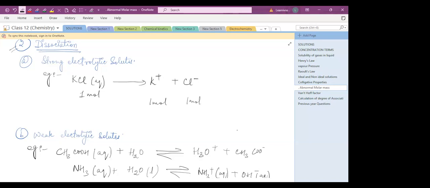In the case of dissociation, solute particles break down into smaller ions or molecules, which increase the number of particles. When the number of particles is increasing, there will be a decrease in the apparent molar mass. So in the case of dissociation, the apparent molar mass will decrease, but in the case of association, it will increase.